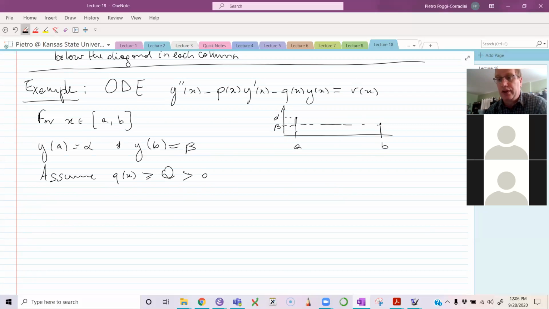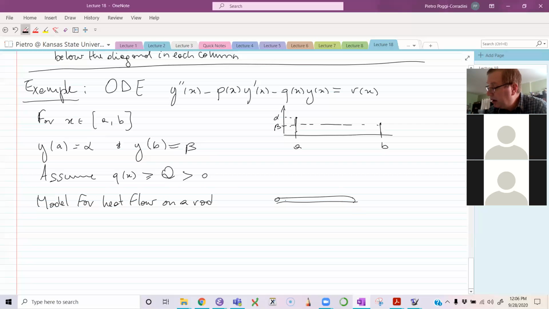So with these assumptions, this ODE is a model for heat flow on a rod. We have a kind of a rod here, and this rod will have different properties depending on x, so different local properties.